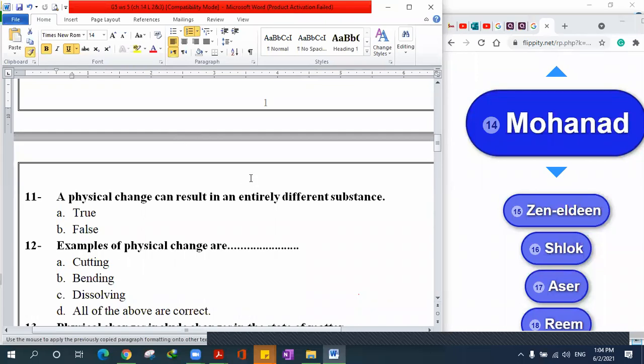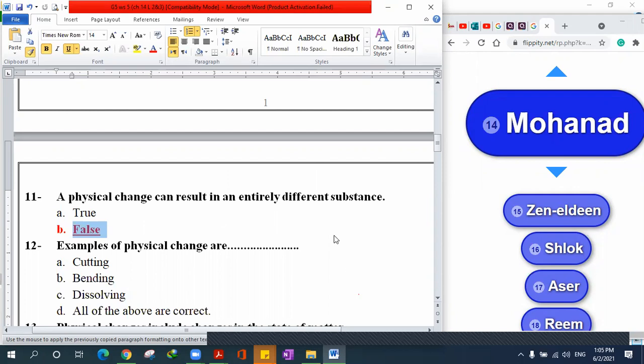So you're turning it into a whole new substance. It's going to be false, Muhannad, because physical change causes a change to the matter, but not into a whole new matter. When you change it into a whole new substance, it's going to be chemical change.